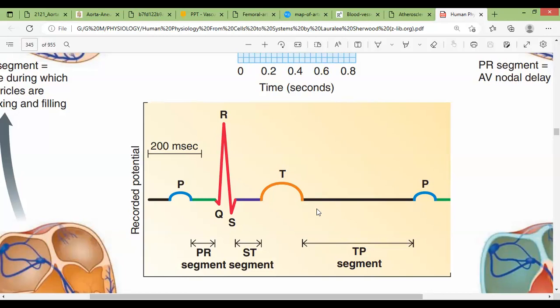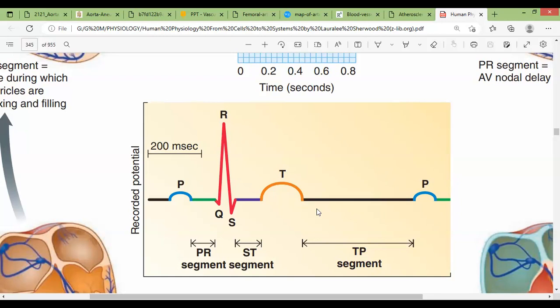Then you have the QRS complex, which is, I think, ventricular depolarization, and then the segment is a complete depolarization of the ventricles, and then the T is repolarization of the ventricles.